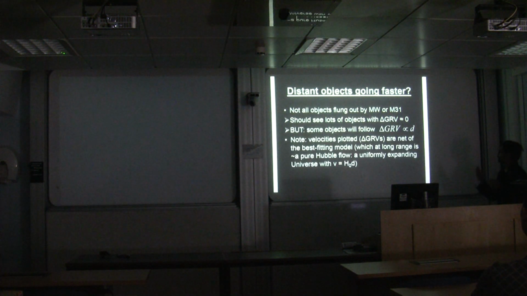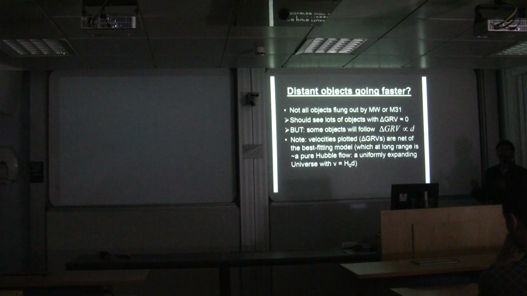But it should happen for some objects, and they'll be following this relation that the excess radial velocity is more or less proportional to distance. And therefore, what we're looking for really is a signal towards the outskirts of the local group, where the excess radial velocity maximizes the difference between the two models.